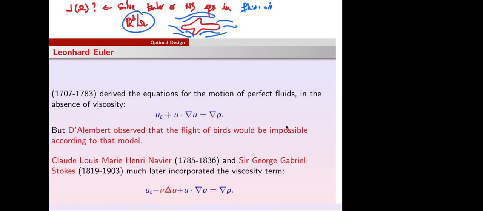So you see that in order to compute J(omega), you have to solve the equations of fluid dynamics. That will be Navier-Stokes, Euler, or even more complete and sophisticated models. Okay, and then you say, well, but then how did aeronautical engineers succeed?